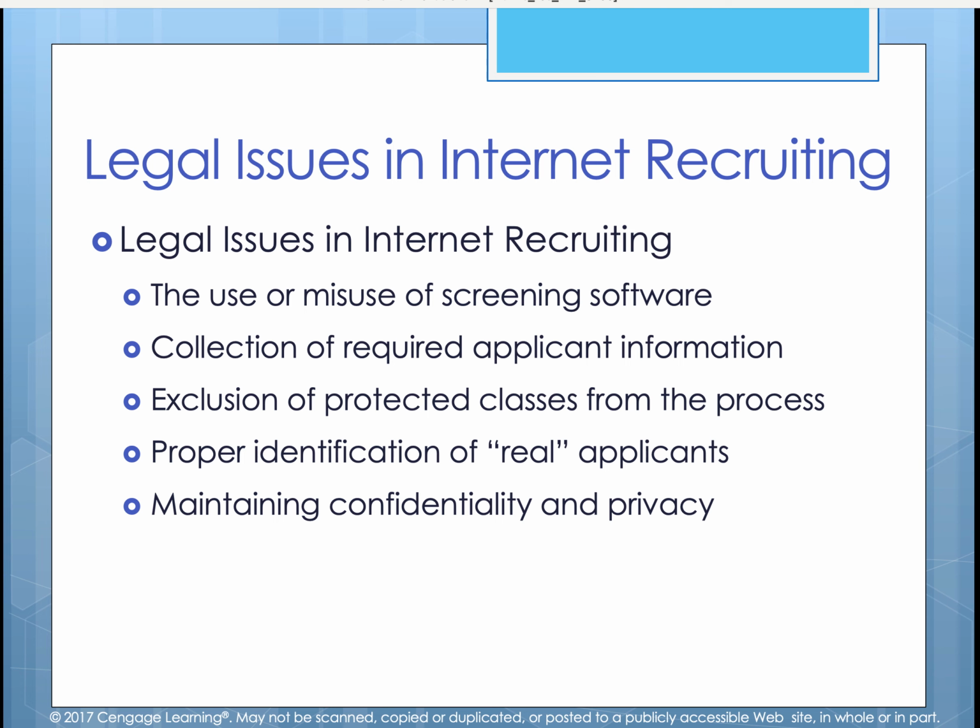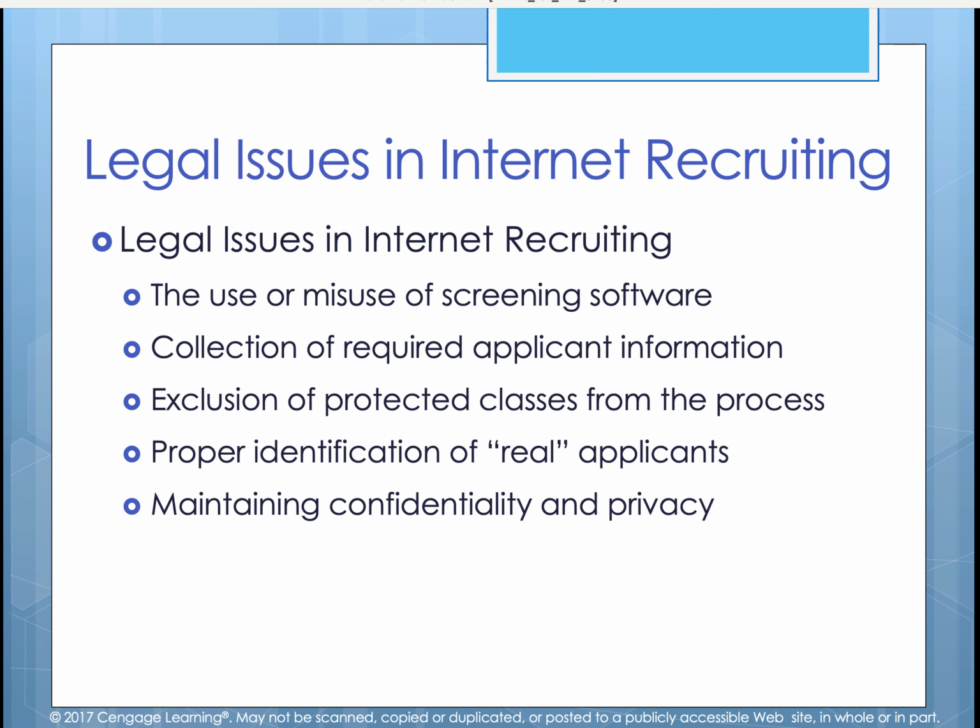And then making sure that we're not excluding protected classes from the process, which I said has historically been an active engagement on a lot of employers' parts, and making sure that we are properly identifying real applicants and not people who are just trolls, because we do have people that will troll. We do have people that have their own ulterior motives that have nothing to do with actually coming in and benefiting the organization.